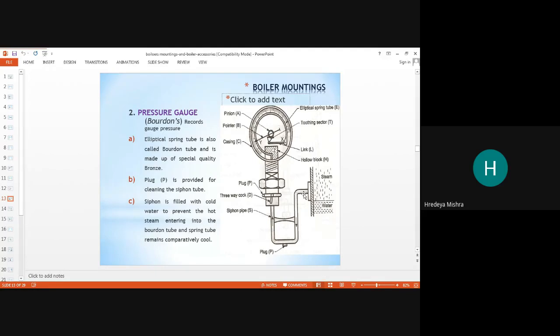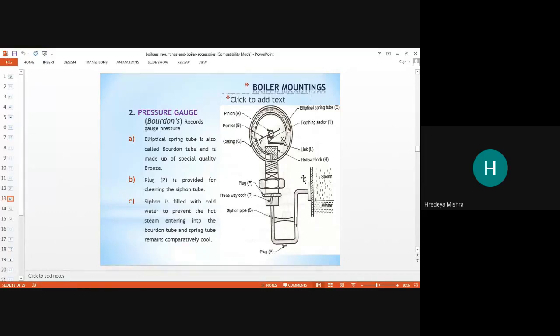It is mounted on the wall of the steam container. There is an epicyclic spring tube here, and this spring is attached to the needle.